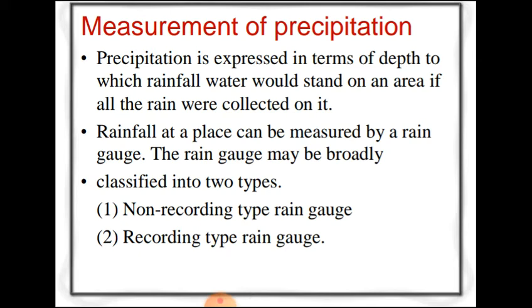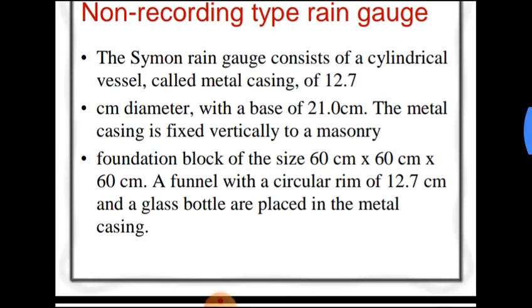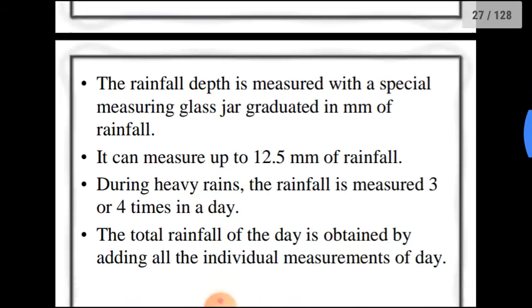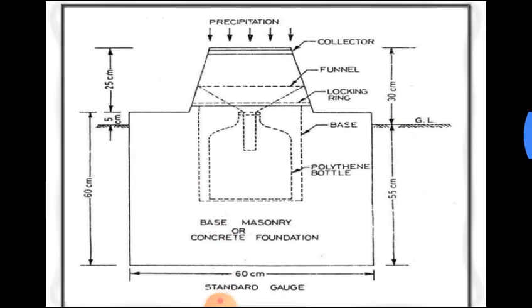In the non-recording rain gauge, this is the diagram. At the top we have a funnel, which carries the rainfall that falls on it. The water goes into a cylinder, a bottle, and you can see the markings to tell how much rain has fallen in that bottle.